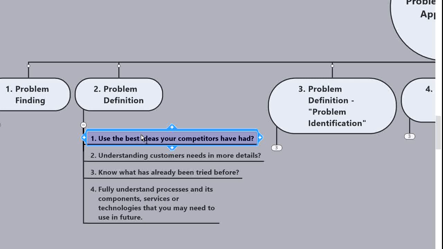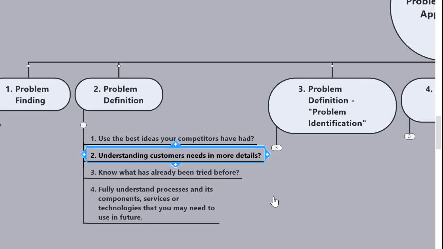When you sat down and found a problem, the first thing to do in diagnosing is to put a definition for this problem, and use the best ideas your competitors have had. Maybe you can role play this problem if it actually happened to one of your competitors, and what they might actually do about it. So this is a way to make a definition about this problem and how to deal with it.